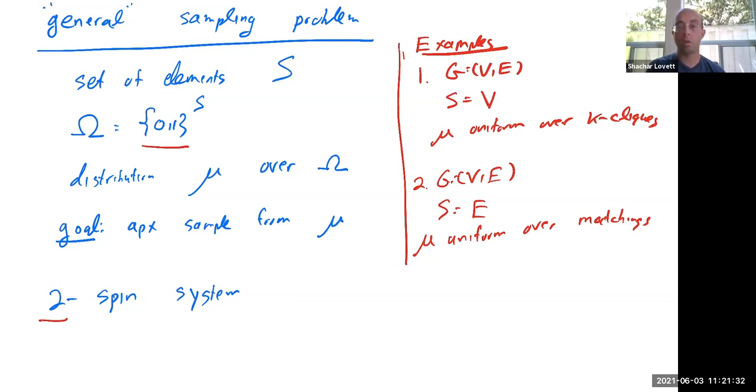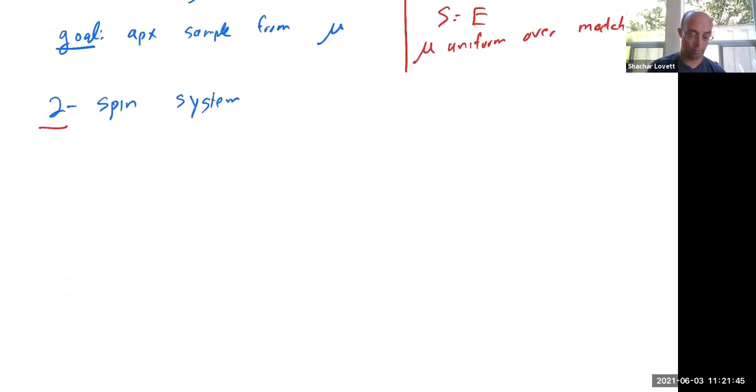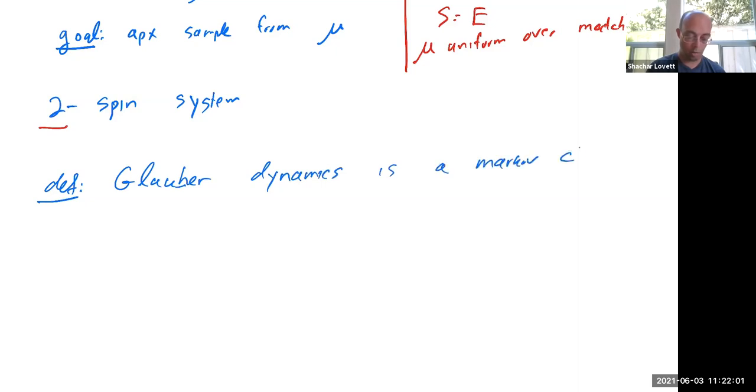And so we see some examples. And what I want to show you is that there's this very natural MCMC algorithm to solve this problem, which is called the Glauber dynamics. So here's the definition. The Glauber dynamics is a Markov chain defined as follows.